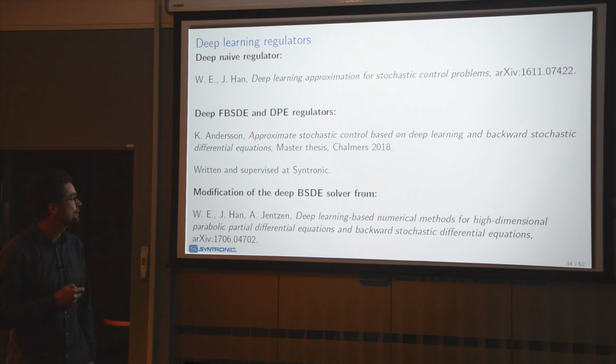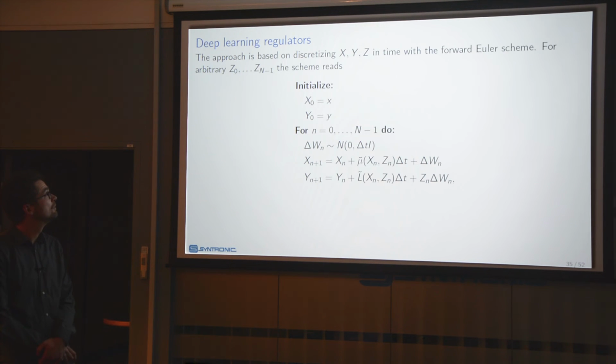This was based on a paper from 2017 on a deep learning based numerical method where they computed solutions to 100-dimensional PDEs. The approach is based on discretizing the forward-backward stochastic differential equation with the forward Euler scheme.